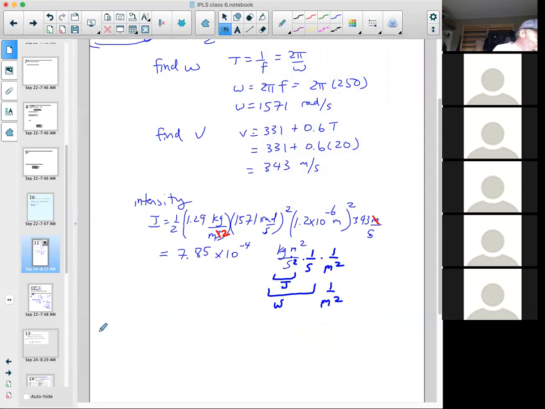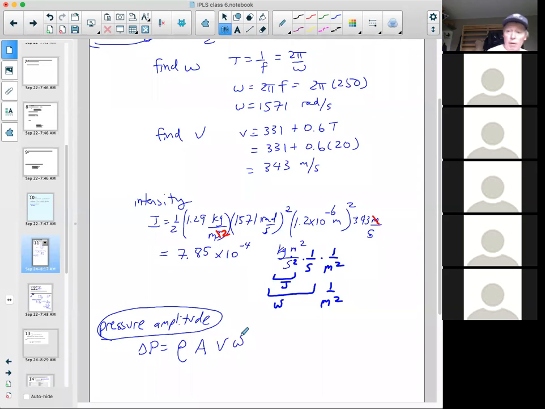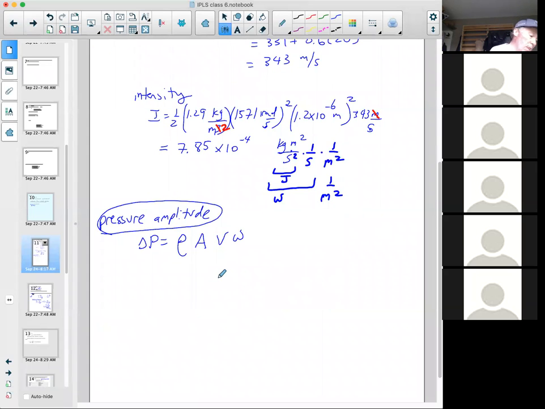Next, we want to find the pressure fluctuation or amplitude. We know it's 101.325, but of course, as the sound wave goes through, the air molecules get closer together or further apart, so the pressure goes up and down. Density of the air, amplitude of air molecule motion, speed of the sound wave, rate of vibration of the sound wave. So we substitute.